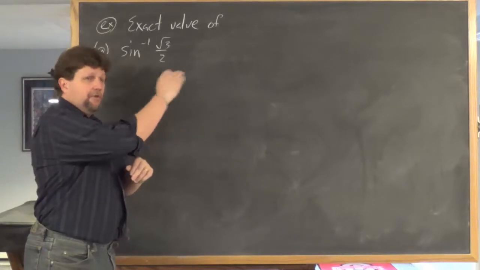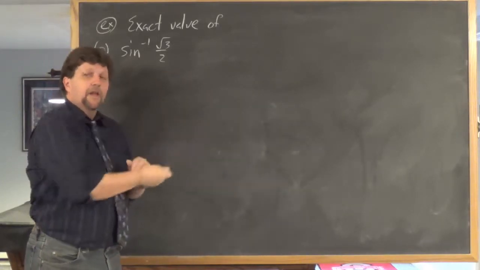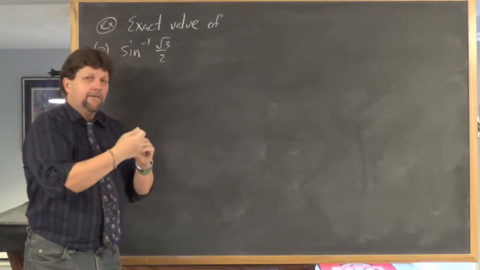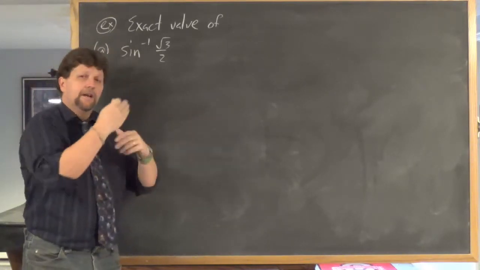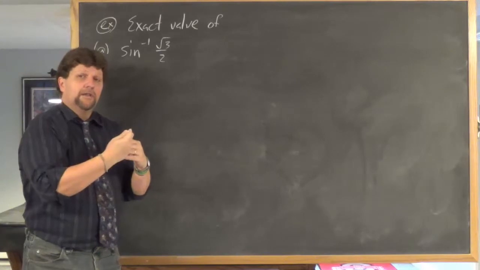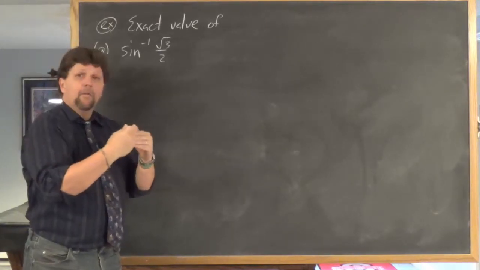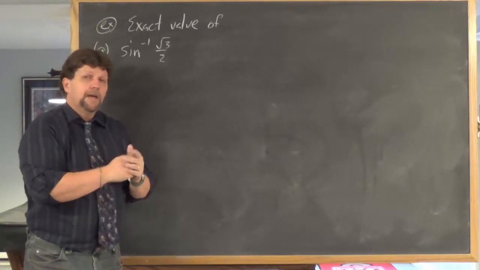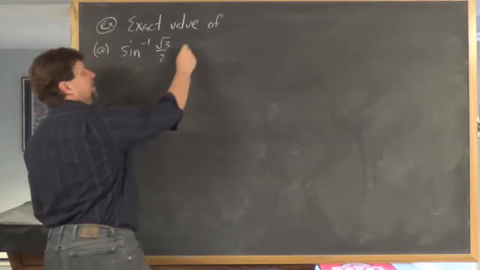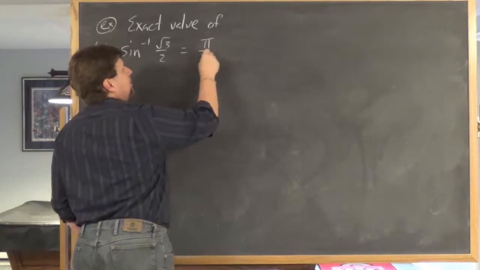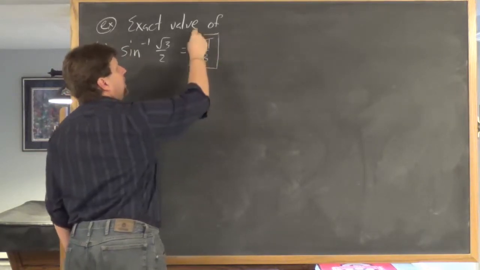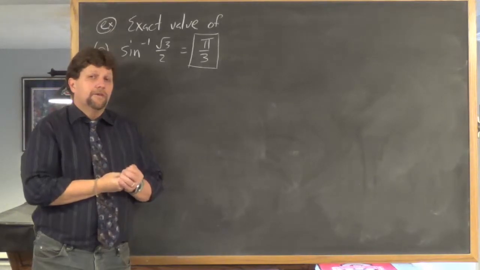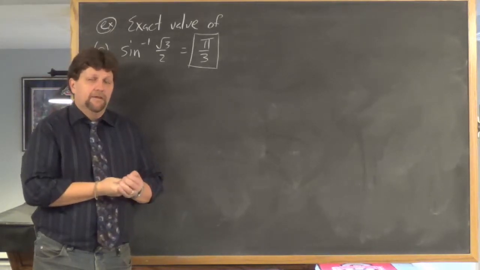Sine is a y-coordinate on the unit circle. I'm thinking of a y-coordinate of square root 3 over 2, and that occurs at pi over 3. So inverse sine of square root 3 over 2 is pi over 3.